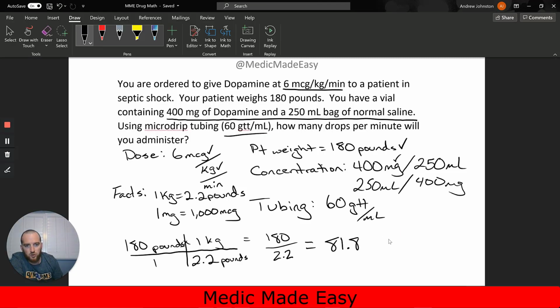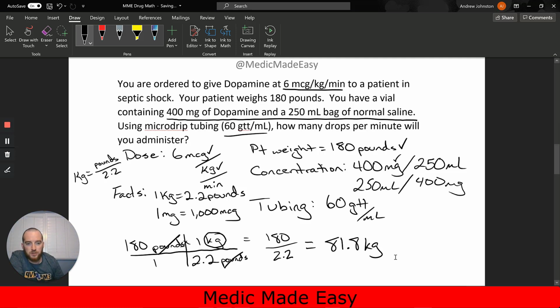So 81.8 kilograms, because I had pounds on top and pounds on bottom went away. So the only thing I'm left with is kilograms. Another way you can remember that is by just saying kilograms equals pounds the patient weighs divided by 2.2.